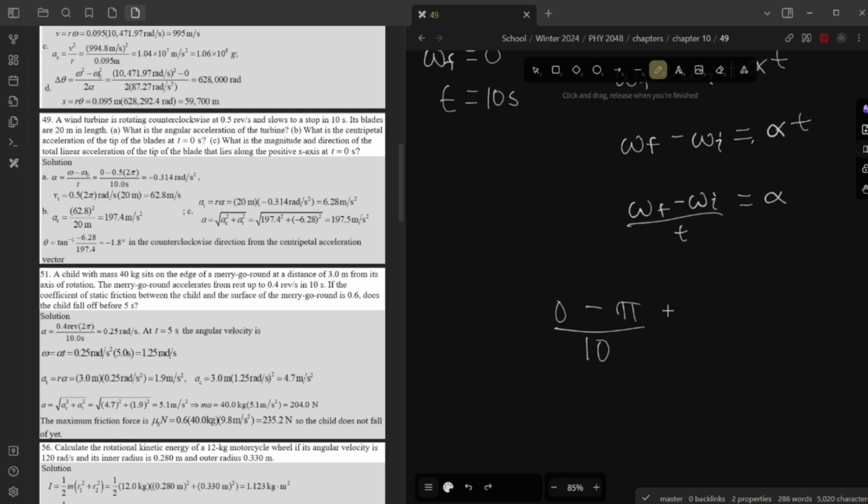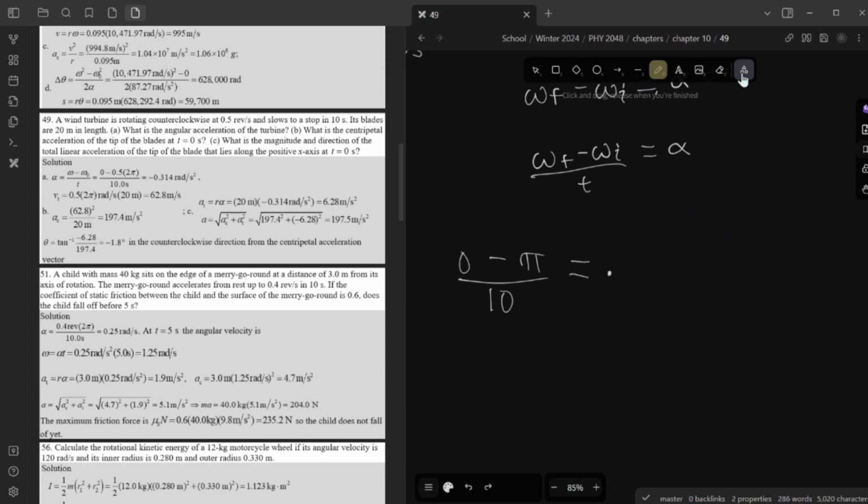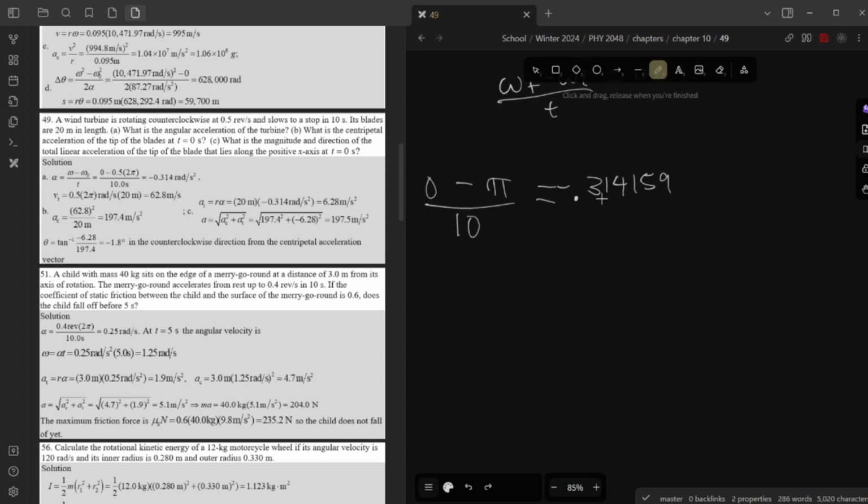So it's negative pi divided by 10. Pi is 3.14159, I think that's valid. Okay, and this is negative. So this is our alpha, and we can express it in scientific notation if we want.